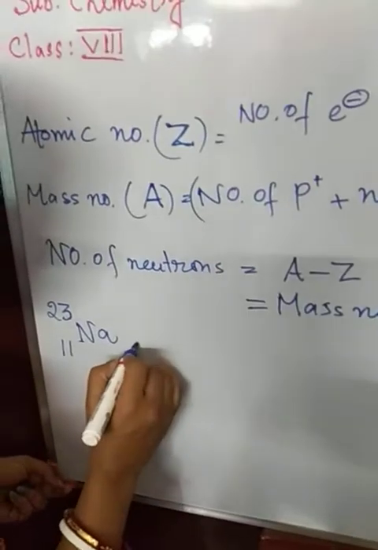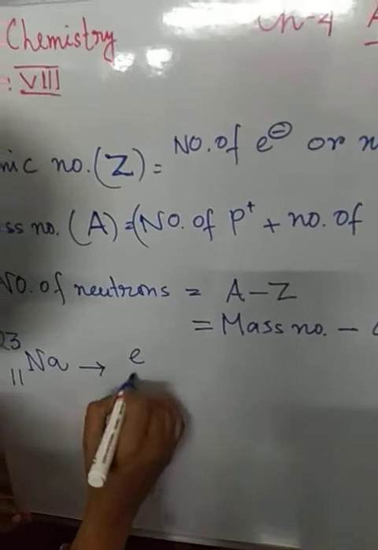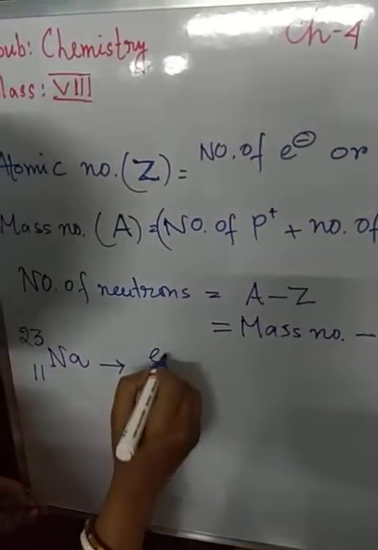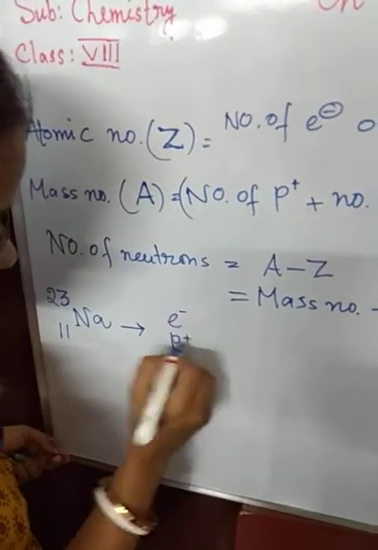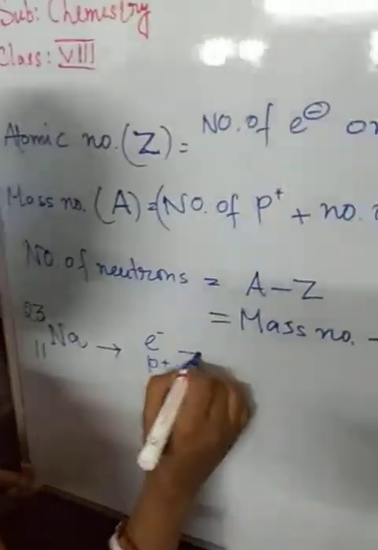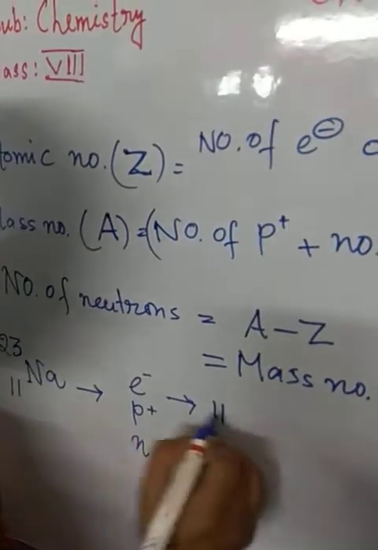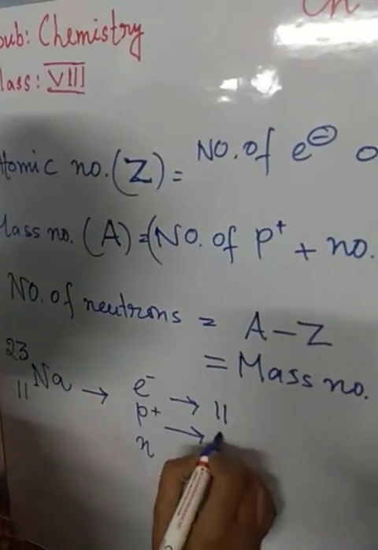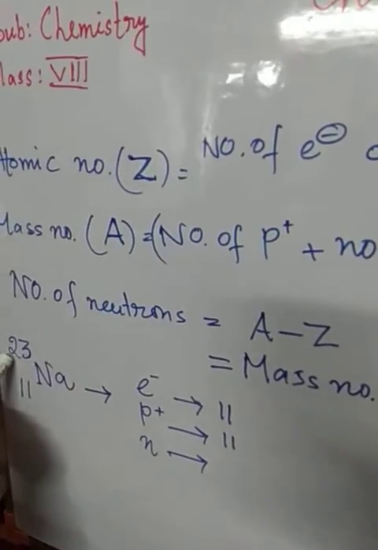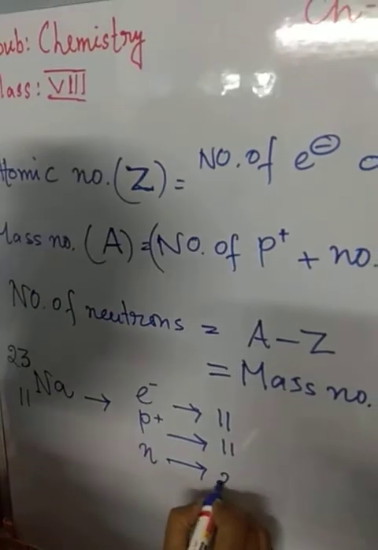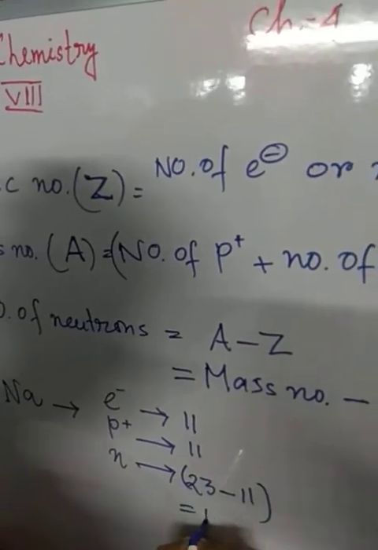Now from this we can calculate the number of electrons, protons and neutrons present in sodium. The number of electrons is equal to the atomic number, so this will be 11. Number of protons again will be 11, and number of neutrons will be mass number minus atomic number, that means 23 minus 11, so it will be 12.